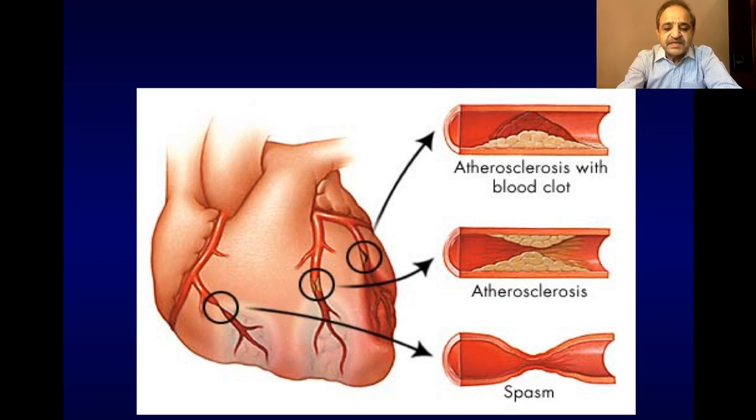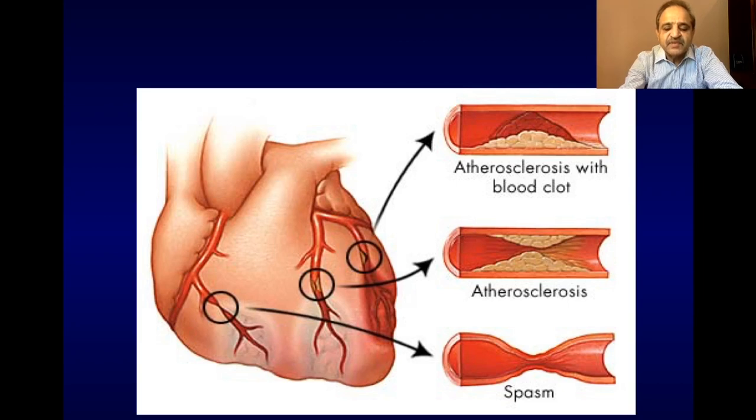This picture nicely tells you different types of ischemic heart disease. In the middle, you can see the atheromatous plaque, which is almost encroaching upon the lumen, and these are the patients who suffer angina on demand.